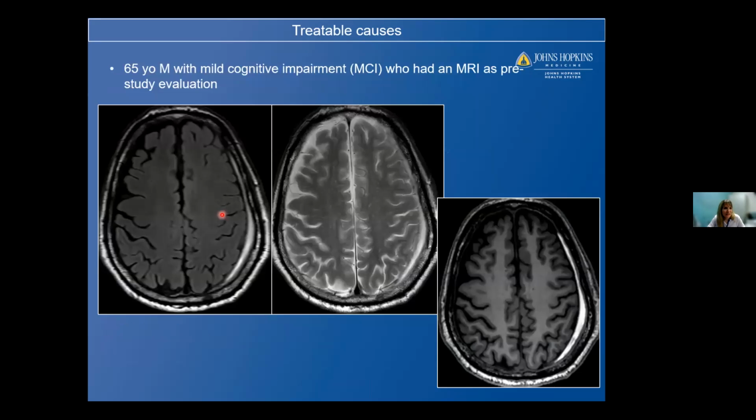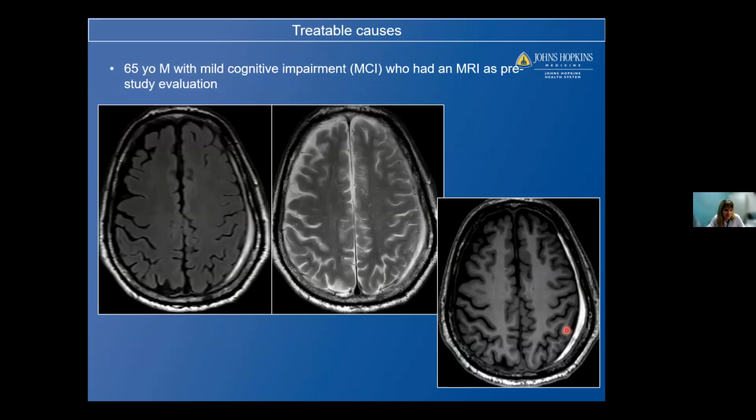All right. Another treatable cause of cognitive impairment is that incidentally found subdural hematoma that we see eventually. Interestingly, this was a recent patient with cognitive impairment that came in for a pre-research study evaluation and was found to have this small subdural collection with some minimal mass effect upon the left frontoparietal parenchyma.